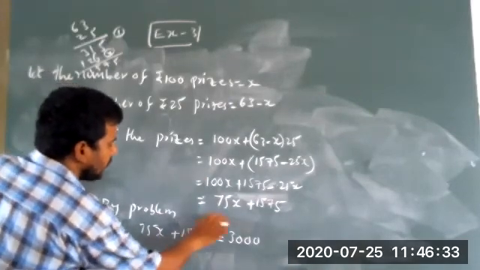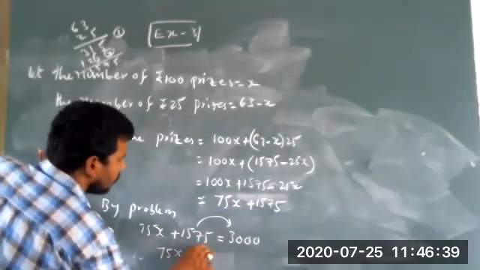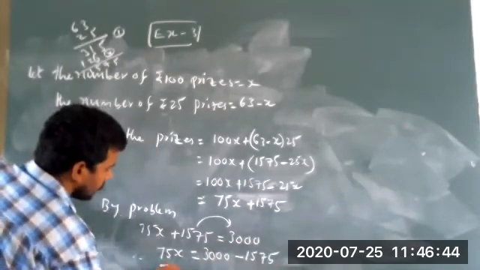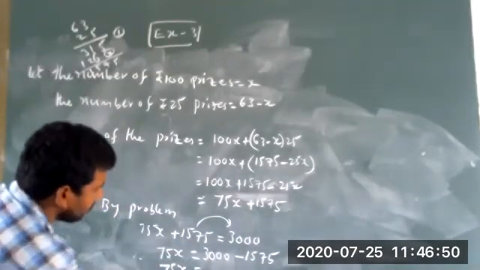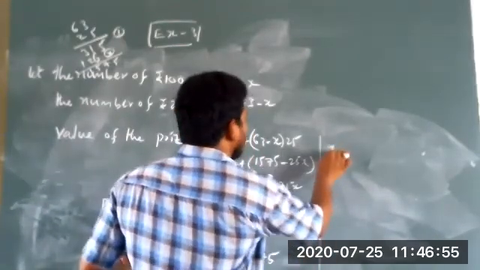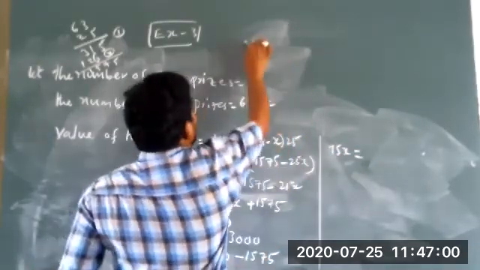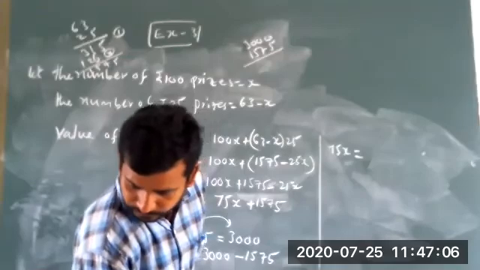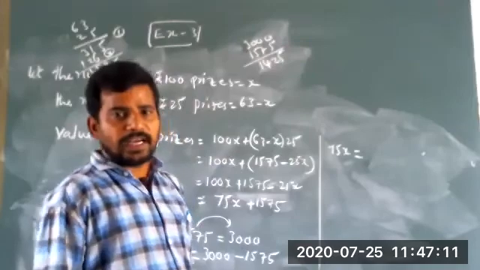So this 1575 is sent to the RHS. 75x equals 3000 minus 1575. Doing the subtraction, we get 1425.